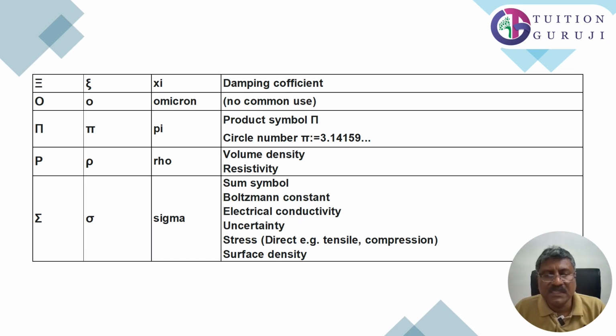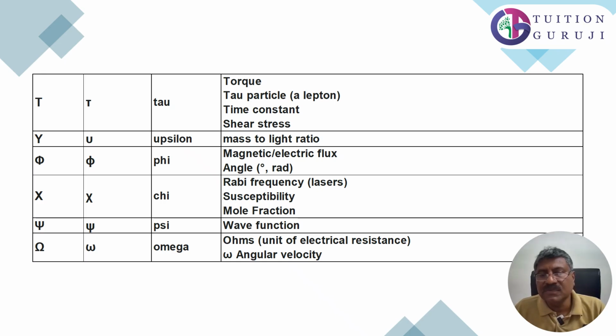Sigma, capital and small both are used. Capital is used for sum total. Then small sigma is for Boltzmann constant, electrical conductivity, uncertainty, stress, surface density, etc. Tau is used for torque, tau particle, time constant, shear stress, etc. Epsilon is used as mass to light ratio.